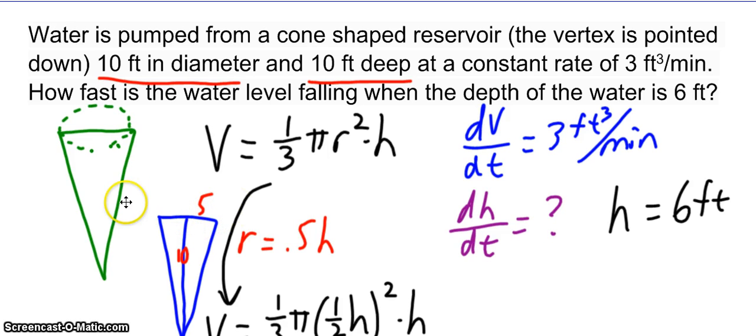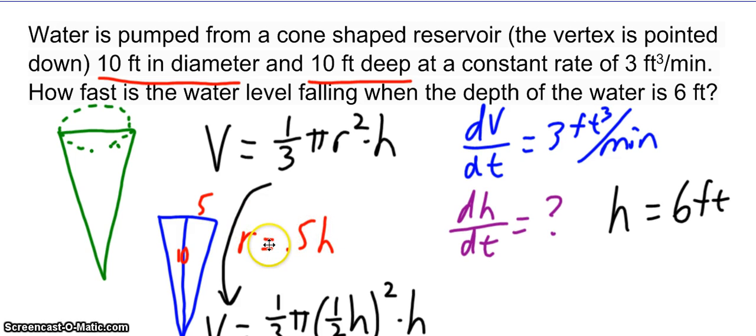Conveniently, if we have a cone, we have similar triangles, because if I take the cross-section of a cone, it creates right triangles. If I know that the diameter is 10, I know that the radius would be 5, and the height is 10. So I know that r equals 0.5h, or r is half of h.